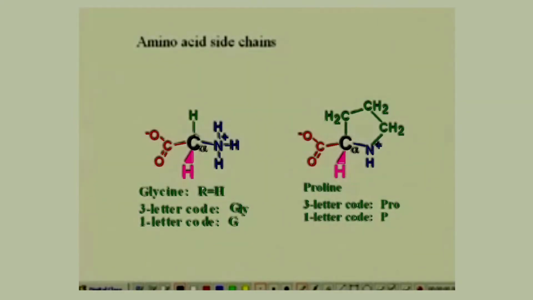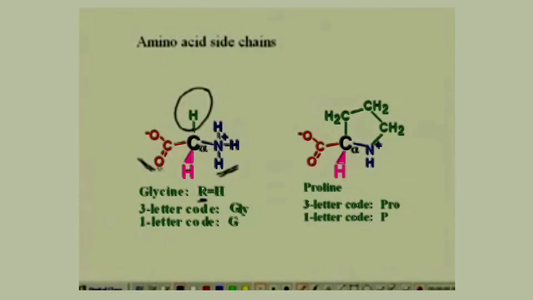So, if we look at the side chain of glycine, where the R group is written here, and we now know that this is where the R group is attached. This is our amino group and this is our carboxylic acid group. Now, if you notice the way we have written the amino acid, we have written it with an NH3 plus and a COO minus.